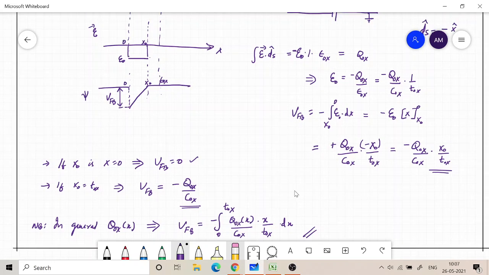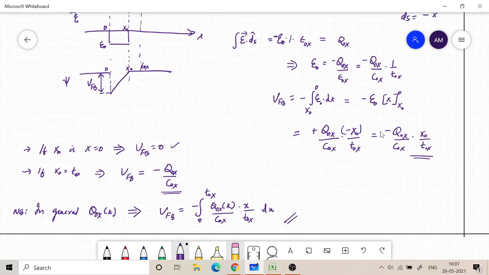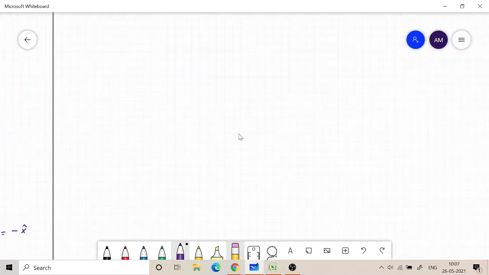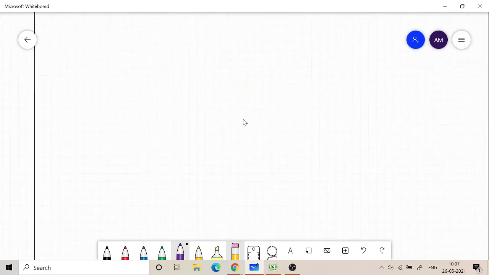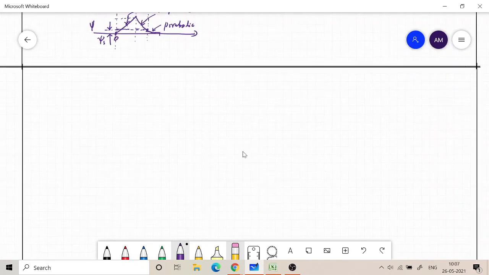The major point is that if there are charges present, if it is a positive charge inside, then it is going to be a negative flat band voltage. If it is a negative charge trapped inside the oxide region, it is going to be a positive flat band voltage that you need to apply.